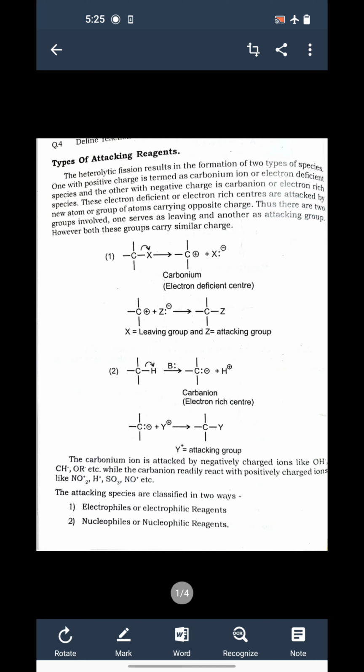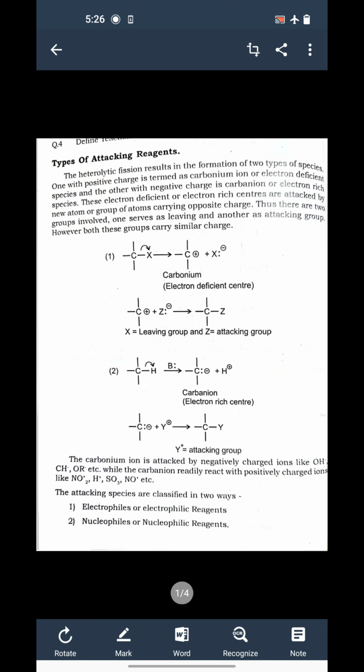Here H plus is the leaving group, carrying a positive charge. Now with that carbanion, a new bond is formed where Y carries a positive charge. So you can see a new C-Y bond. Y is the attacking group here. So in the second reaction, the leaving group as well as the attacking group both have positive charge.